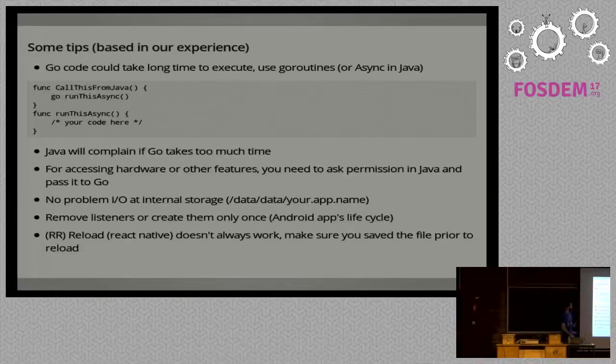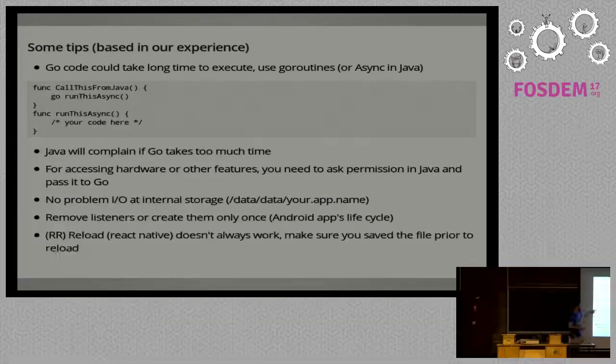To avoid that, you could use a Go routine. Once you call your Go code from Java, you just start a routine, so the function returns directly to Java and you don't get another complaint. Or use an async class in Java for that, if you are communicating or maybe downloading or uploading files.